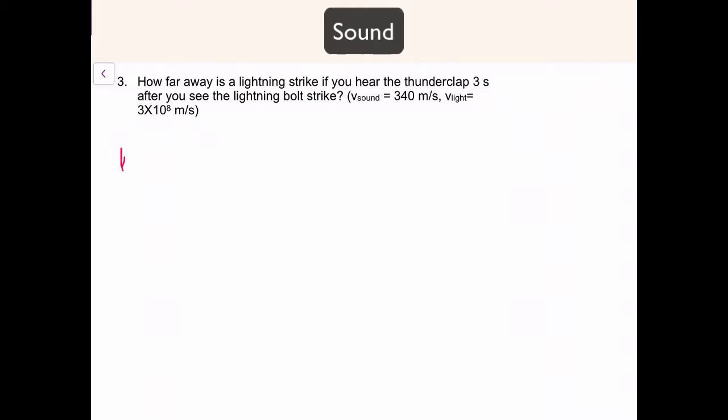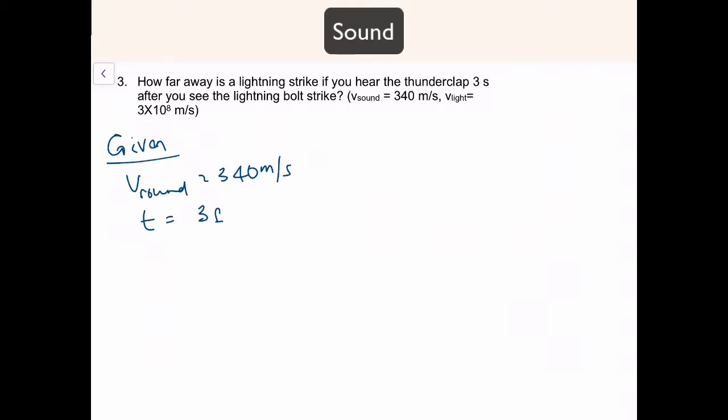Let's say we saw the light, and after that we heard the clap. In our simplified model, the speed of sound is 340 meters per second, and the time taken by that sound is 3 seconds.